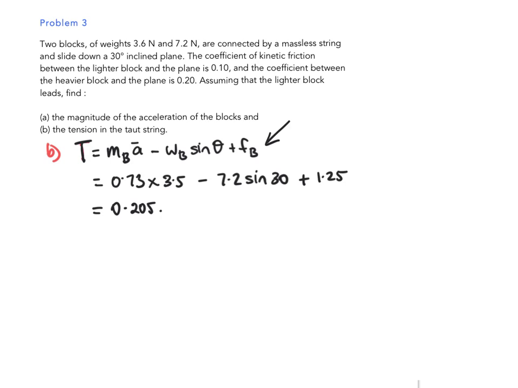Acceleration was 3.5 meters per second squared. The weight of the second block was 7.2 newtons. The angle is sine 30, and the F_B we calculated in the last problem to be 1.25, which gives us a tension of 0.205 newtons.